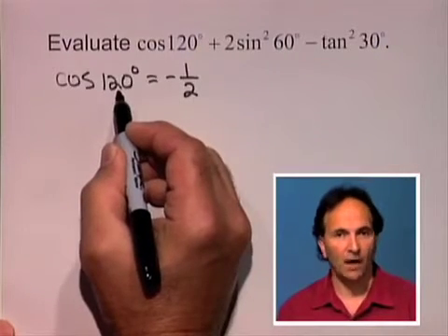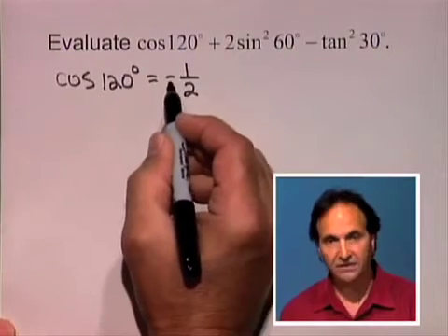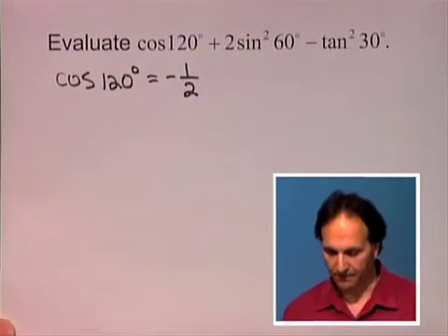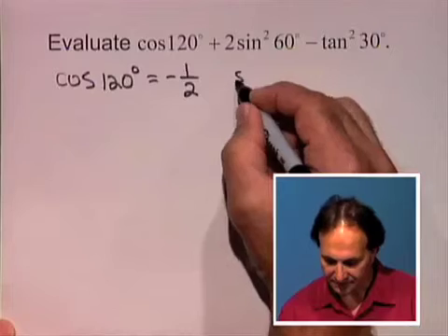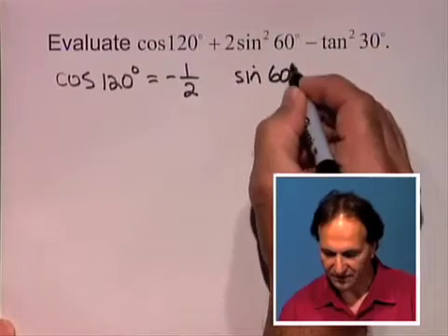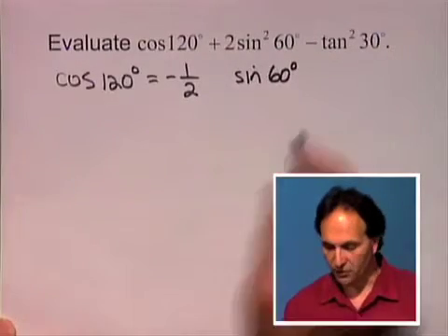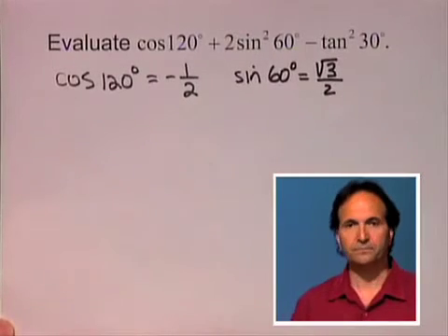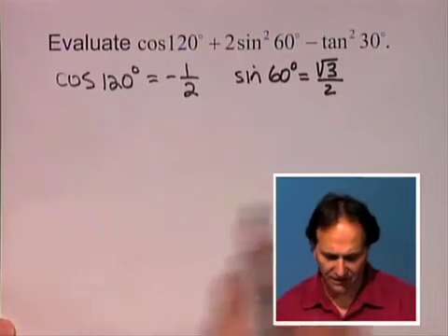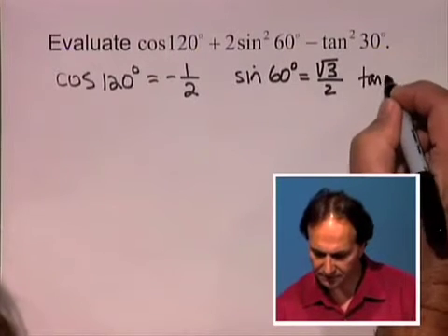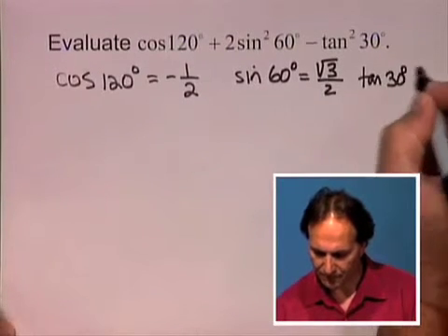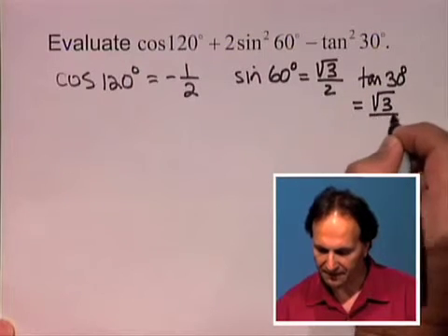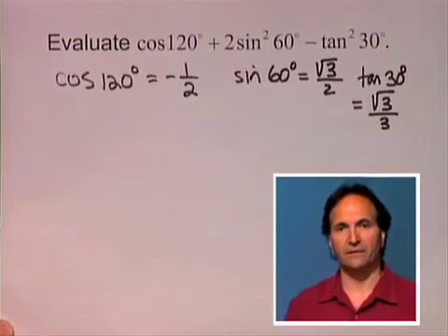This angle is in quadrant 2, and so cosine is negative, and it's using the reference angle of 60. Now the sine of 60 degrees is equal to the square root of 3 over 2. And the tangent of 30 degrees is equal to the square root of 3 divided by 3.